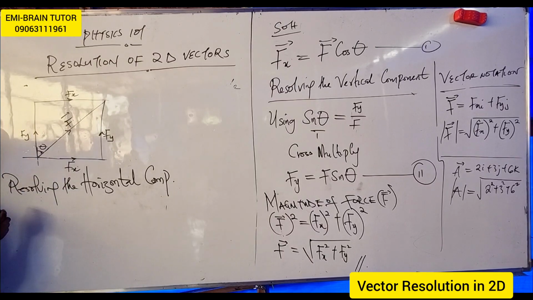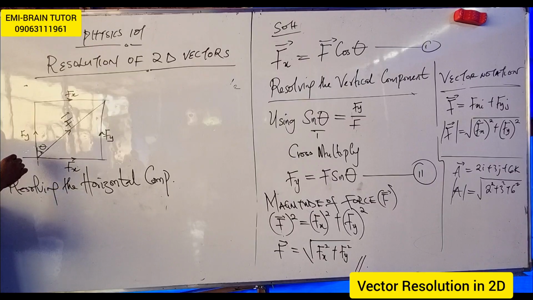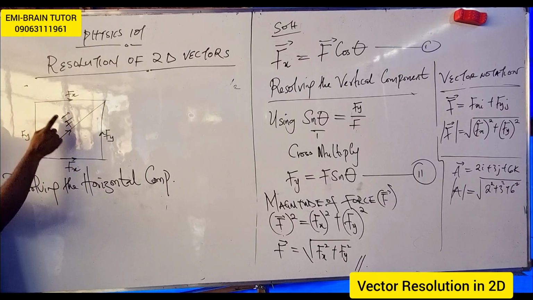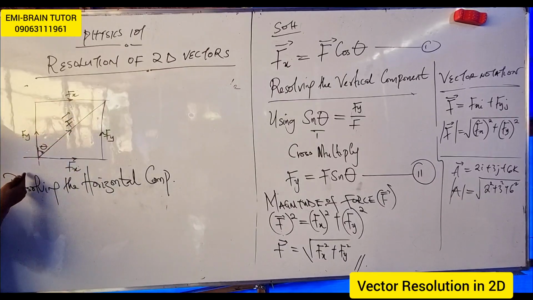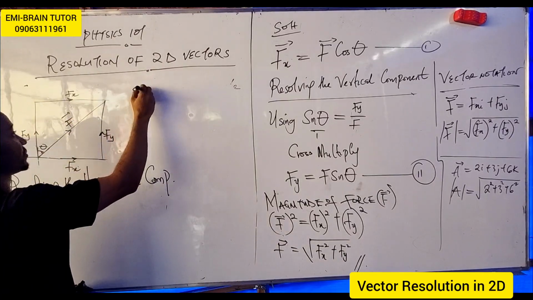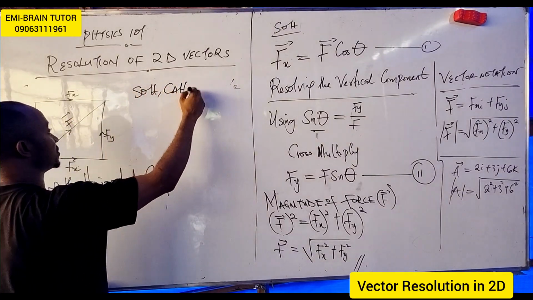Now let's resolve Fx. I will resolve Fx with respect to F. Fx is the opposite and F is the hypotenuse. From the SOHCAHTOA principle, which of these am I going to use?